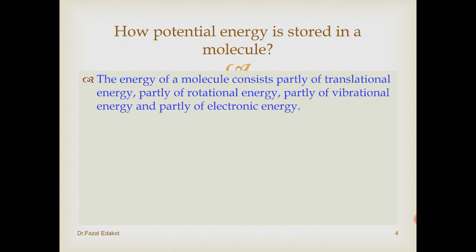That is translational motion. And partly rotational energy, the molecule keeps on rotating. Partly vibrational energy, the atoms vibrating within the molecule with respect to the equilibrium position. And partly electronic energy, where the electrons are shared in between.